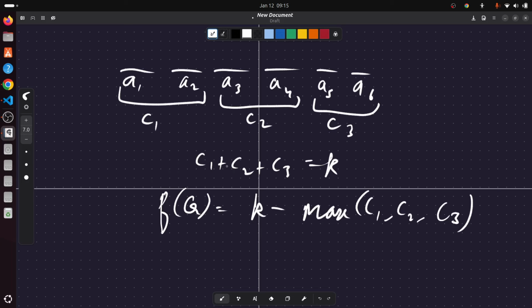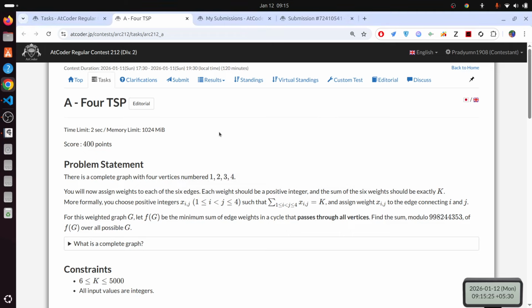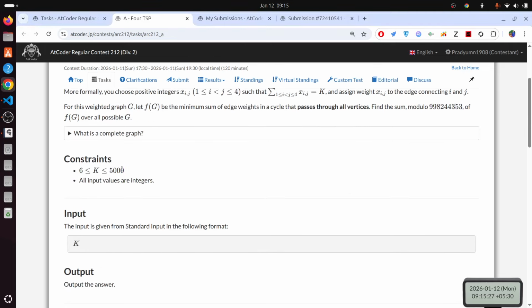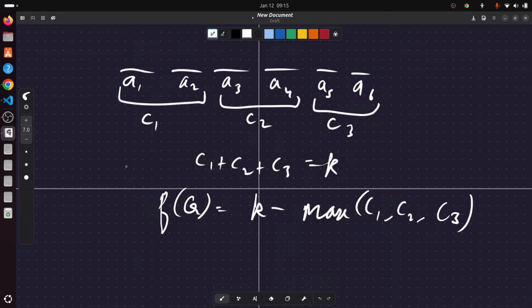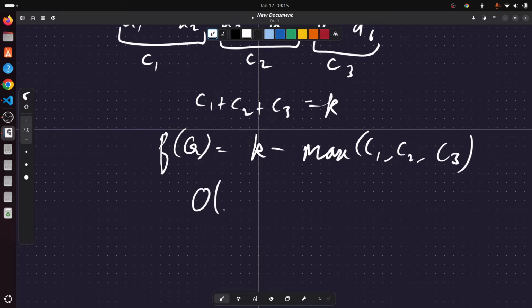I can simply iterate over these values of C1, C2 and C3, because the constraint on K is up to 5000 only. So even O of K square will work, right? So O of K square works. I have three different numbers having sum equal to K. What I can do is iterate over the value of C1 and C2, and of course I'll get C3 as K minus C1 minus C2.